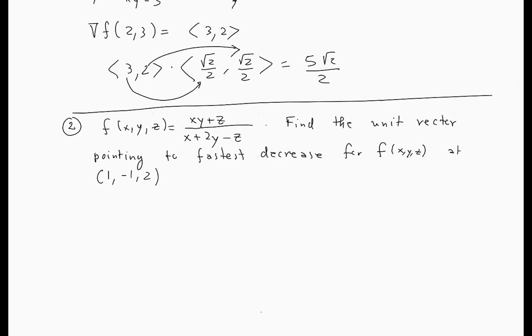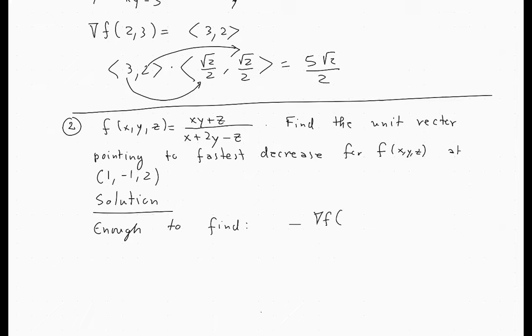But in any case, the bottom line is that the direction of fastest increase is that of the gradient. The direction of fastest decrease is the opposite of the gradient. So here what we want to find is the opposite of the gradient, but at the given point.